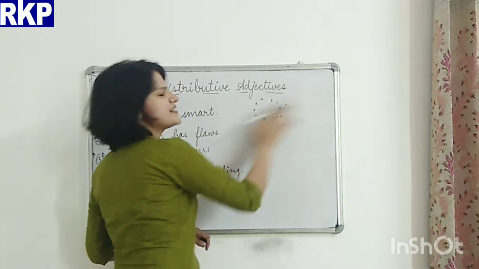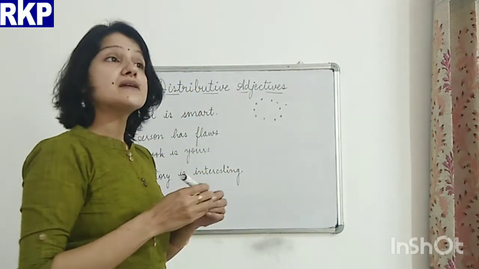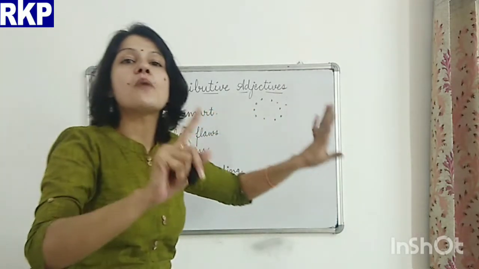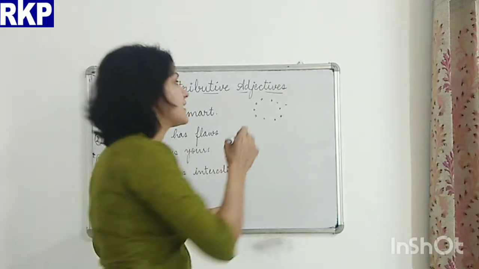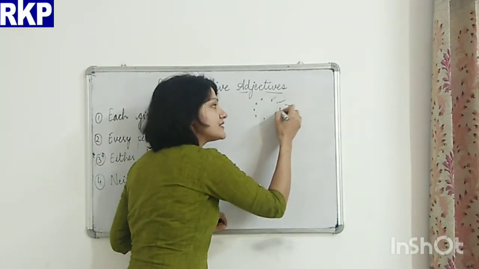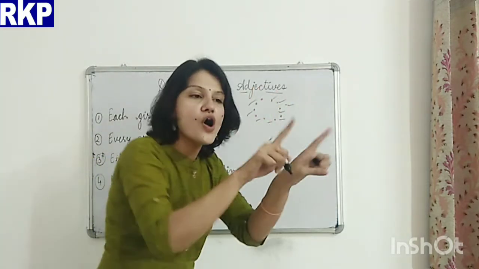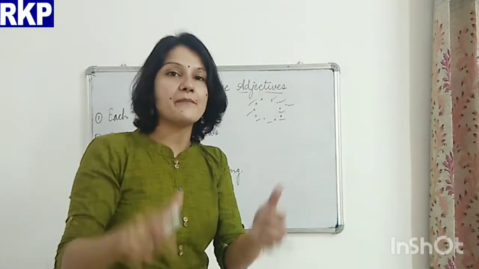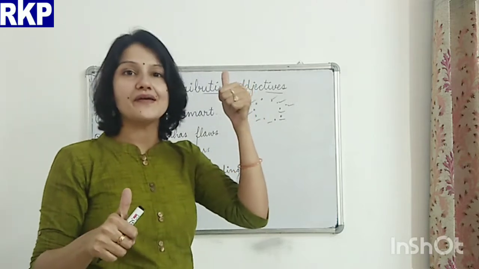Alright, so there are 10 girls in the group. But when I say each girl is smart, I am saying this one, this one, this one, this one, this one, all of them. Each one of them is smart, right?